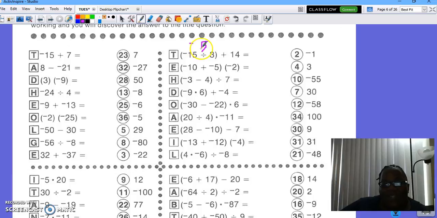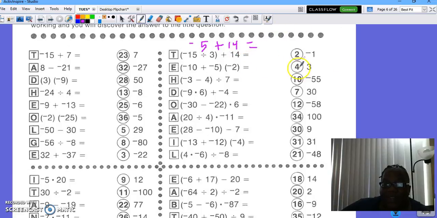Now that you know that this is -5, just bring that with the rest of the problem. So -5 plus 14. I'll put it up here so you can see it better. All I did was include the rest of the problem, and now I can solve this together. -5 plus 14. If you look at your addition rules, a negative plus a positive, we're going to subtract, keep the sign of the higher digit, right?